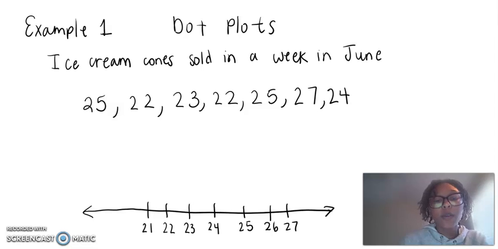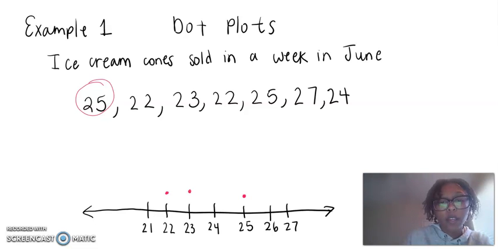So the first number we have is 25, so we'll put a dot for 25. Next we have 22. Next we have 23. Next we have 22 again. As you can see, although it's not perfect, I'm trying to keep my first dots level. And then we see now that 22 has 2 so far.